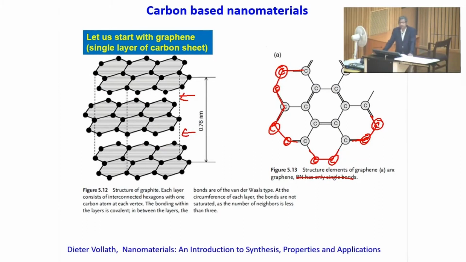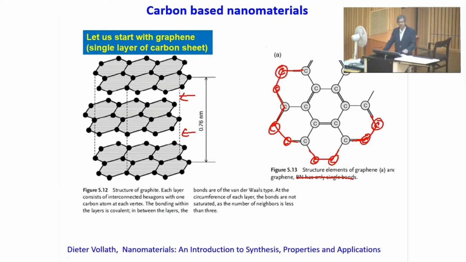Even though graphite was discovered around 1500 AD, the discovery of these nanostructures was very late, maybe 20 to 30 years ago, not more than that. That's the difference in time scale when you want to produce a new material.